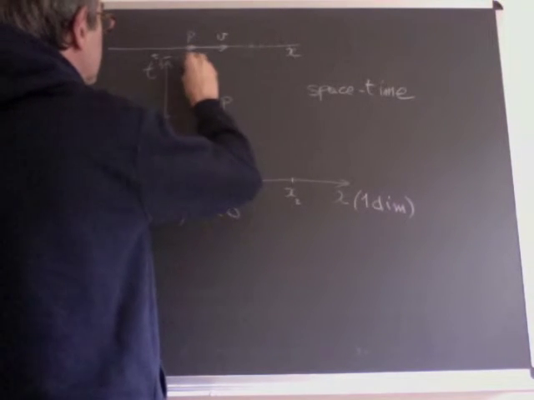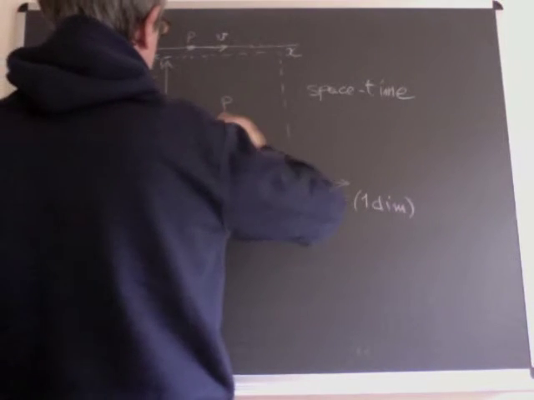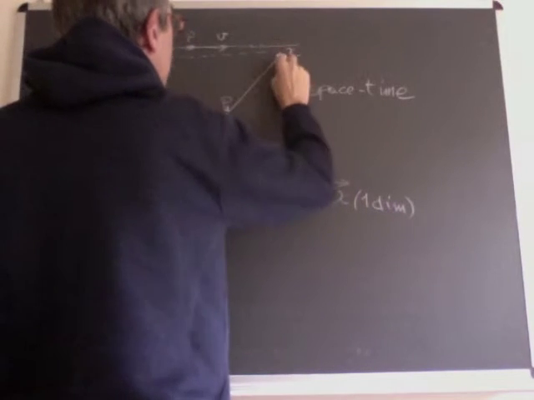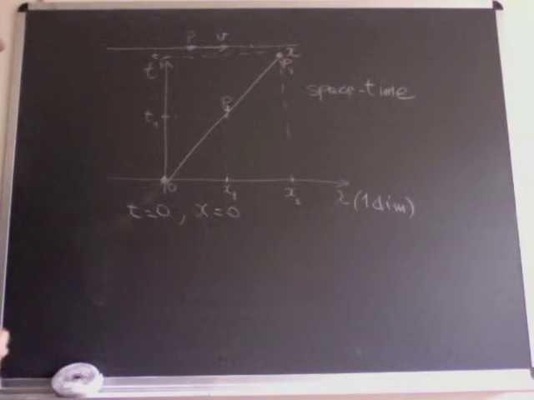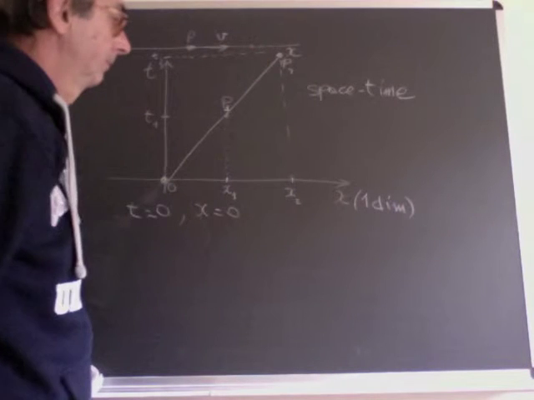So the result is the point moving, the positions P1, P2, along a straight line in the space-time diagram.